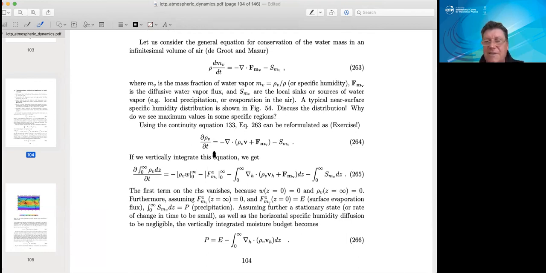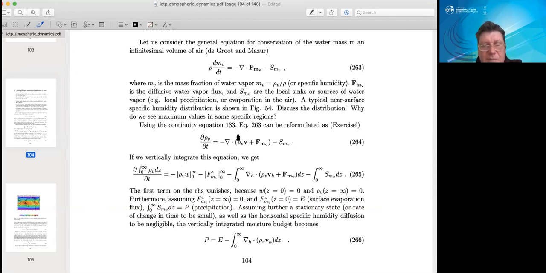So that gives us the amount of water that can fall out of our column of air. Now we do this, we integrate this equation vertically. Here we can exchange the derivative and the vertical integration. We integrate from 0, we assume we have a flat surface, to infinity.